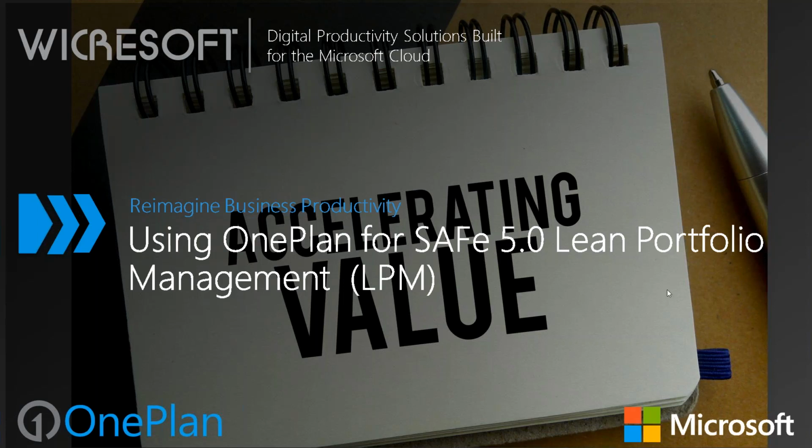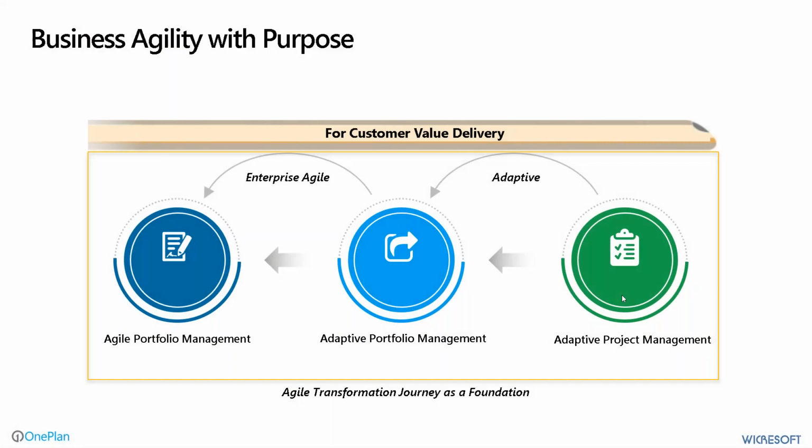So let's get started. We've used this diagram previously to show how organizations can shift left in order to drive business agility. Last week I showed how you are really moving from adaptive project management all the way to the left to Agile portfolio management.